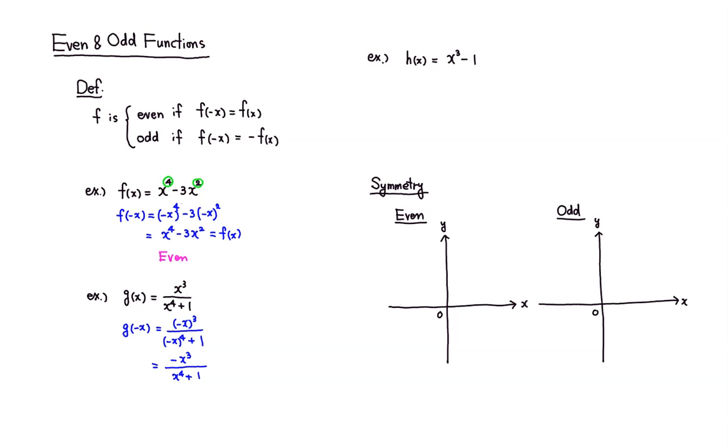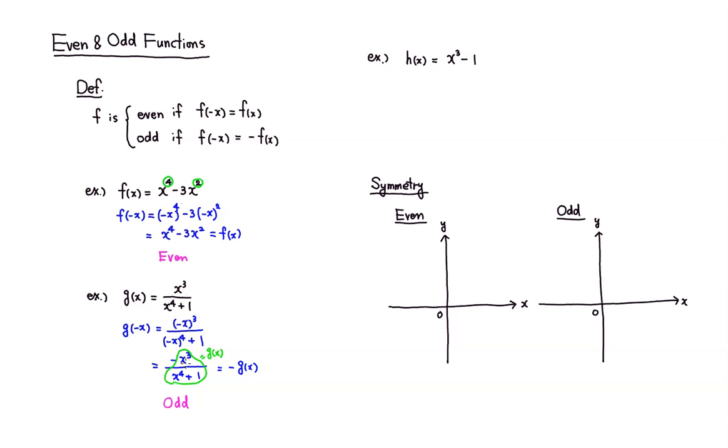You can see that this portion without the negative sign is exactly the same as g of x. So this expression is the negative of the original function. According to the definition, this is an odd function.